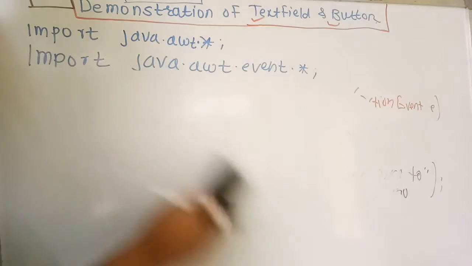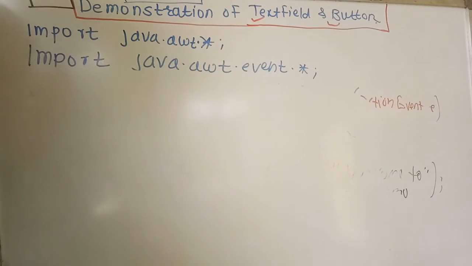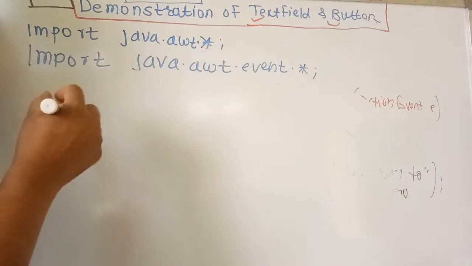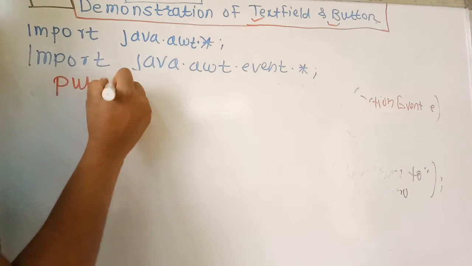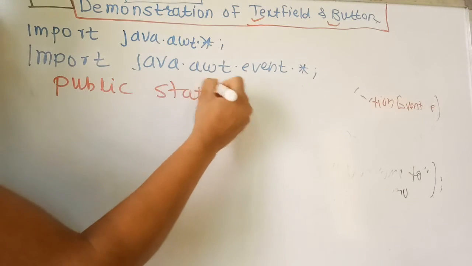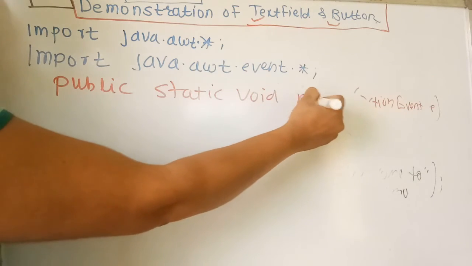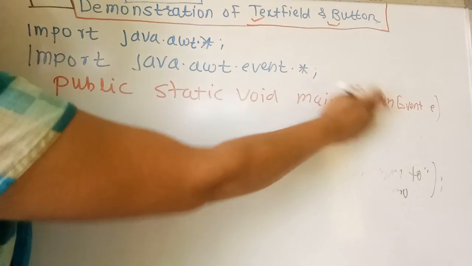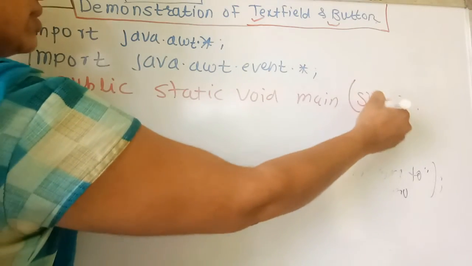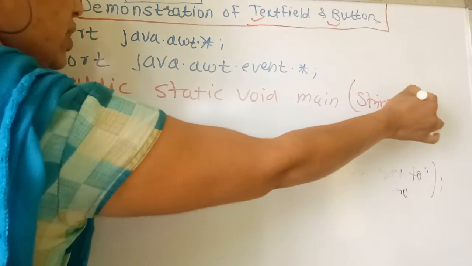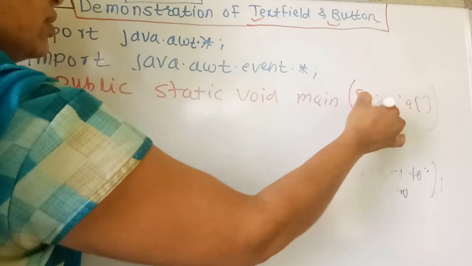What is the main method? Each and every program starts with one main method, that is public static void main. In brackets we use String p, s capital.